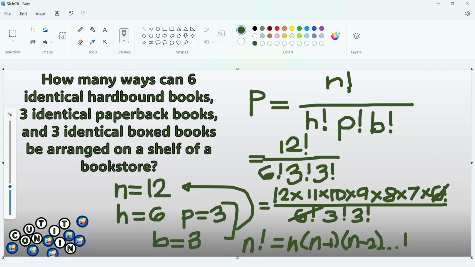Of course, I have calculators. I could use the calculator, but for a longer process, I'm going to present this for you to be guided as well. Now, how about the 3 factorial? 3 factorial is 3 times 2 times 1, which is equal to 6. 12 here is actually 6 times 2. Once I divide 12 by 6, I still have 2 at this point. Now we still have another 3 factorial, which is again equal to 6. But I don't have 6 here, so I cannot cancel 6 anymore.